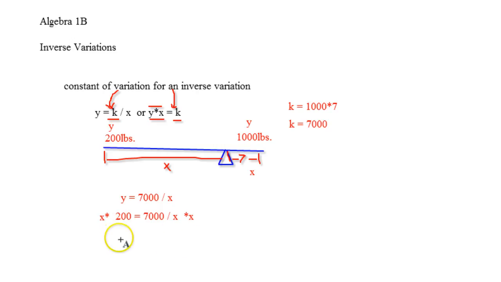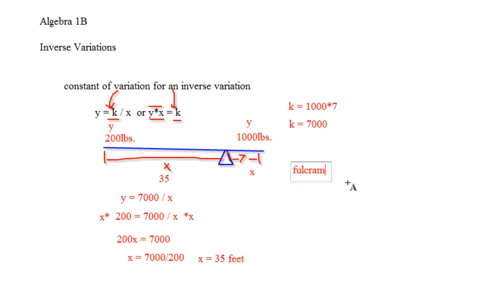So I get 200x equals 7,000, and then I'm going to divide both sides by 200. And x is going to be about 35 feet. So technically I need to be about 35 feet away from the fulcrum in order to balance a 1,000-pound elephant.